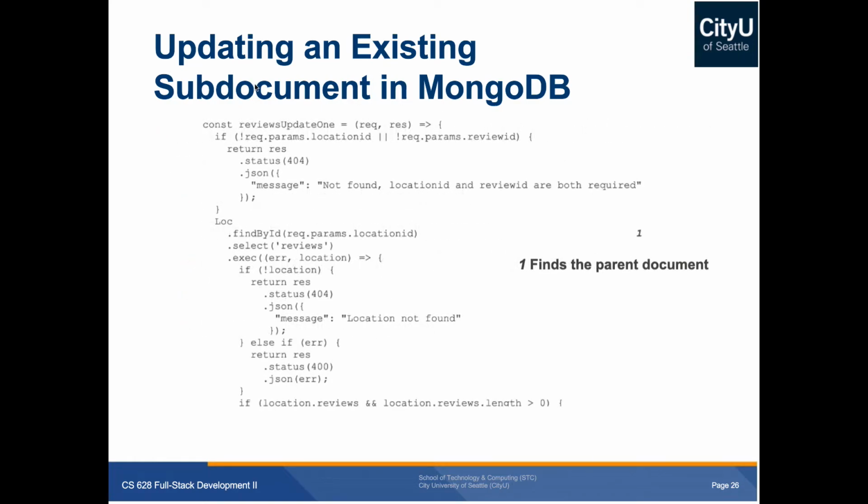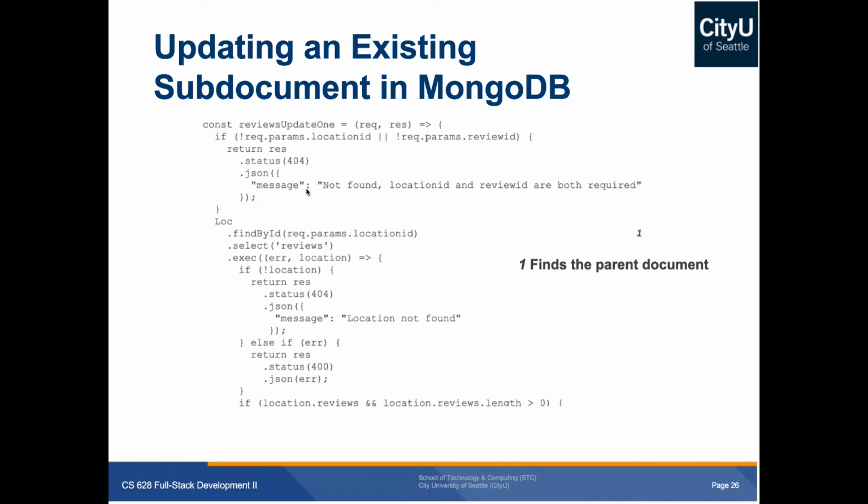Here's an example. If you do want to update one, let's first check if the request params location ID exists and the request params review ID exists, right? And then if any of them doesn't exist, with this double pipe, meaning an or operator, let's return a 404 and this message.